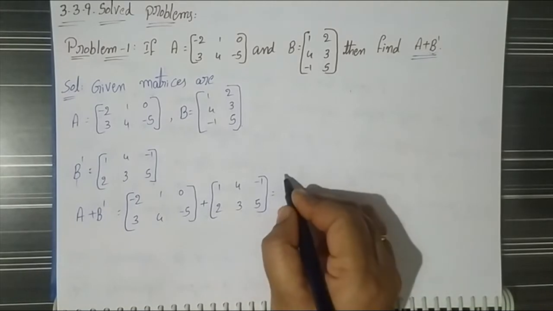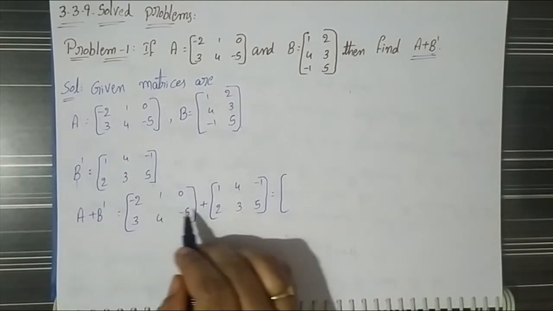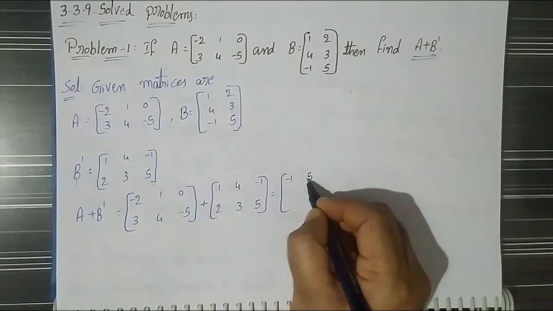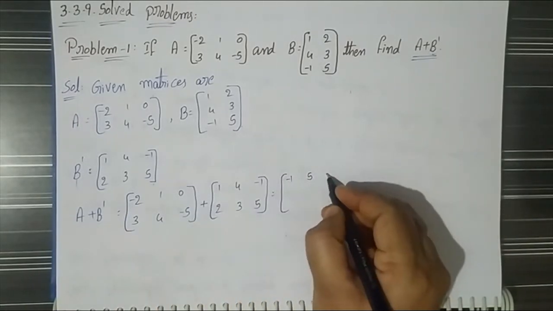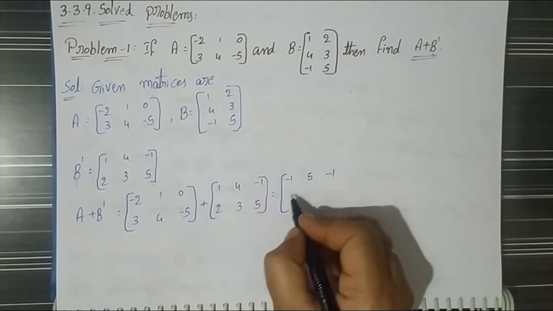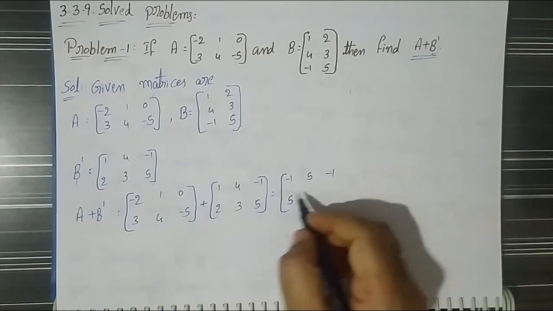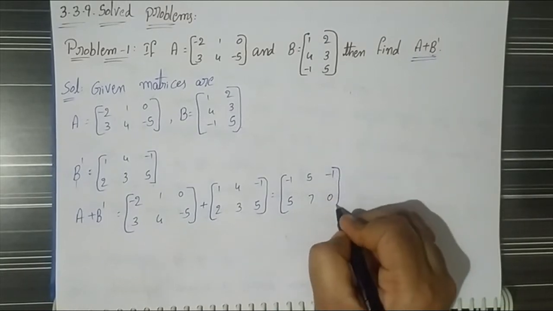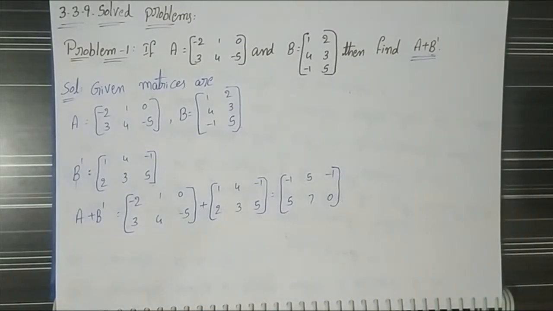Then that is equal to minus 2 plus 1, minus 1; 1 plus 4, 5; 0 plus minus 1, minus 1; 3 plus 2, 5; 4 plus 3, 7; minus 5 plus 5, 0. This is the A plus B dash value.